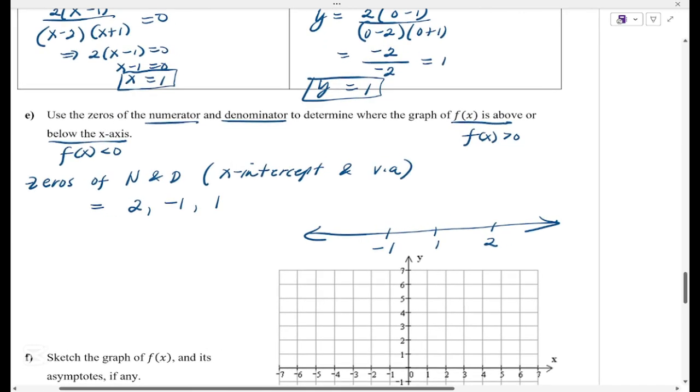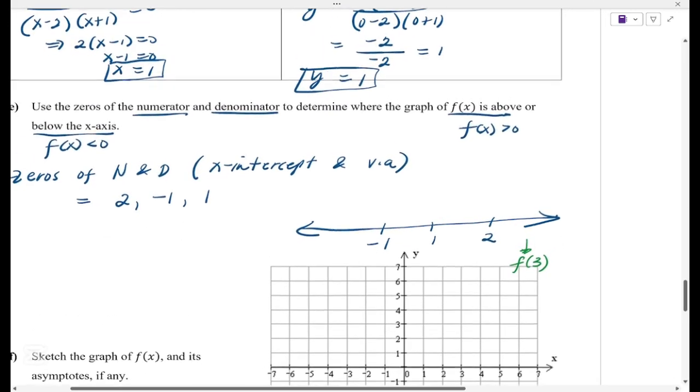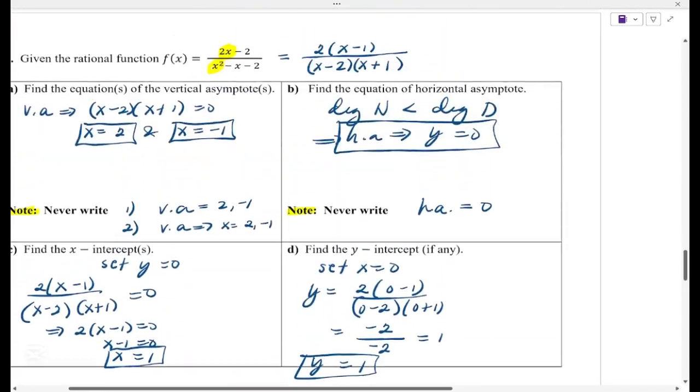Then let us find a number on this interval, let's say 3. So let's solve for f of 3. If we substitute 3 in the given function, it's better if we write the given function.